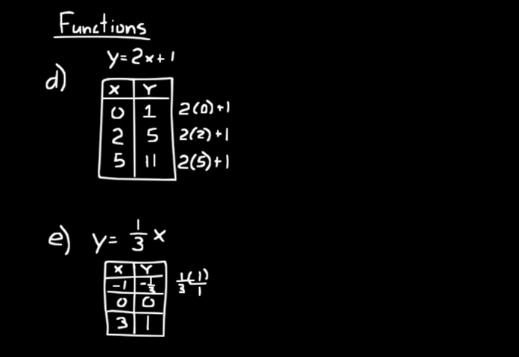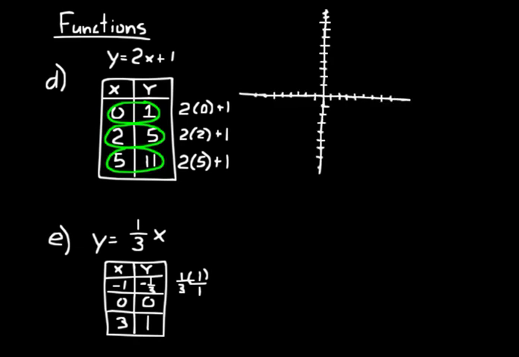Here's something interesting that you can do with functions. You can think of those relationships, those pairs of numbers. Like look at practice problem D. You have 0, 1, 2, 5, 5, and 11. Think of those as coordinates and make an xy axis. What you can do is plot those coordinates, or xy pairs, on a coordinate system.